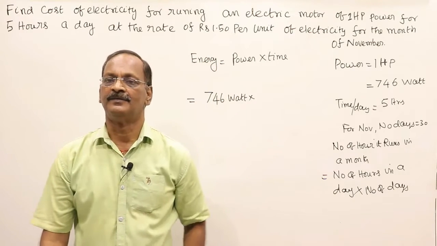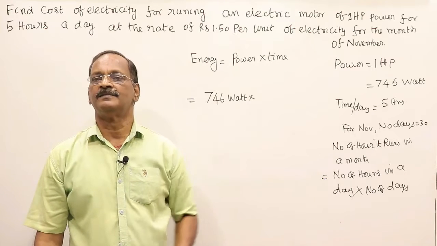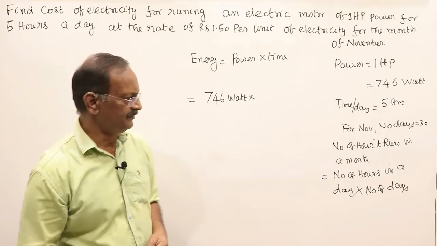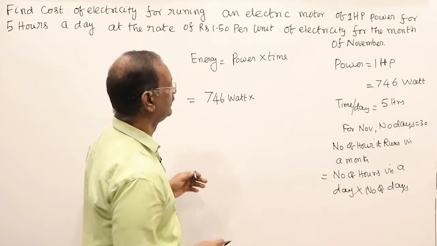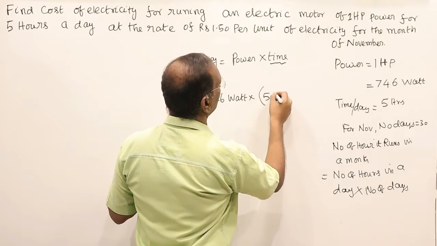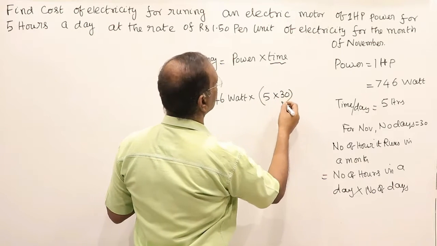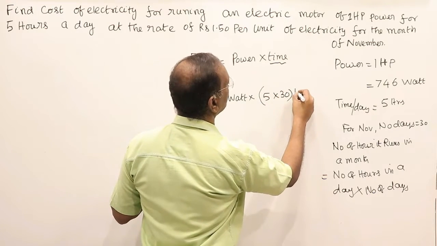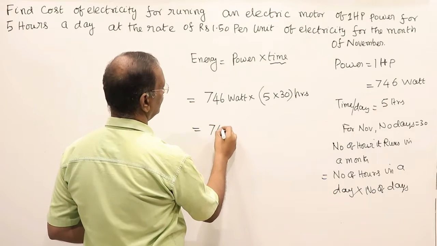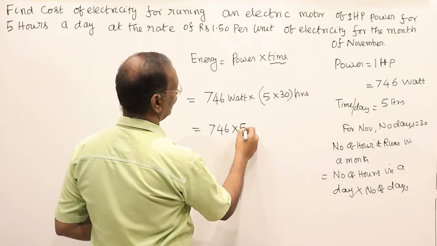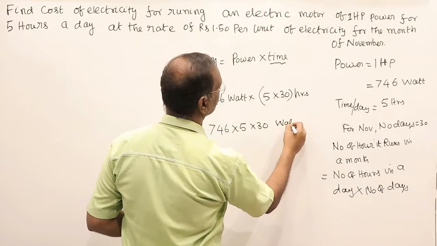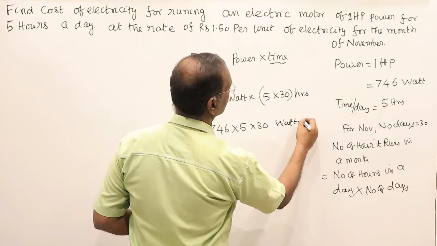Per day it runs for 5 hours, and it runs for 30 days. It means 30 into 5, which is 150 hours. So this becomes 746 into 5 into 30 watt hour.